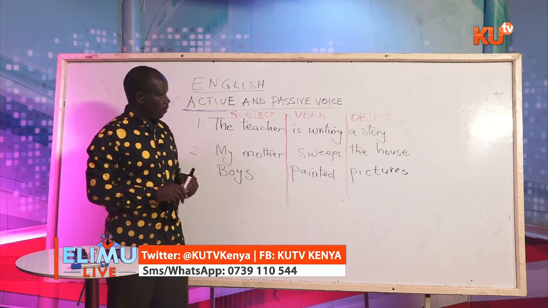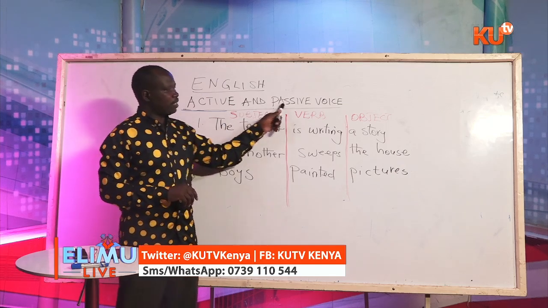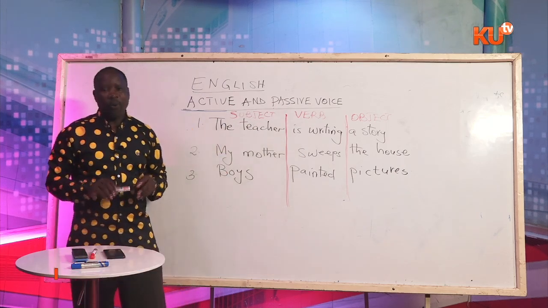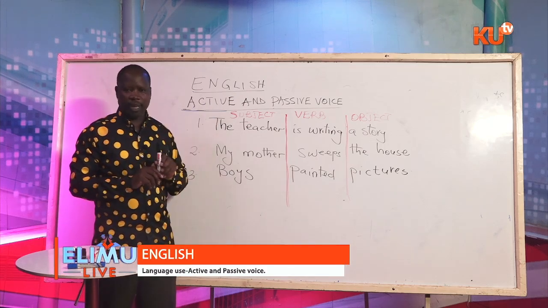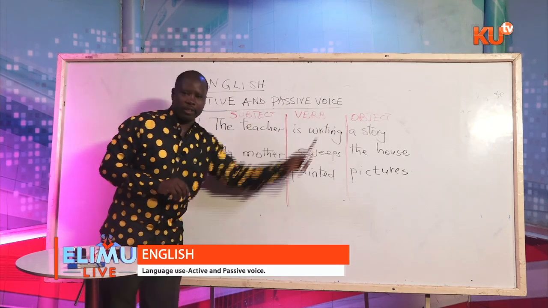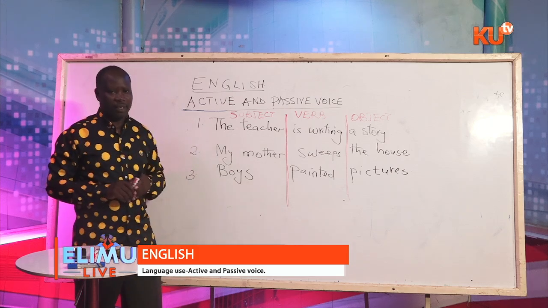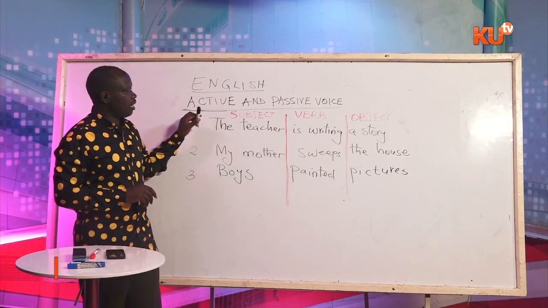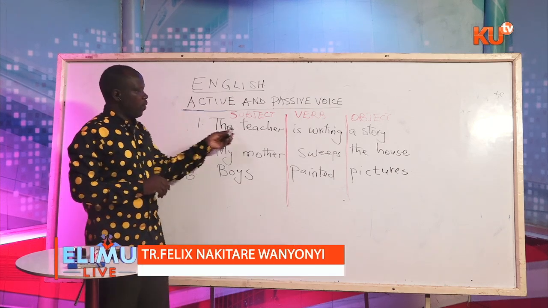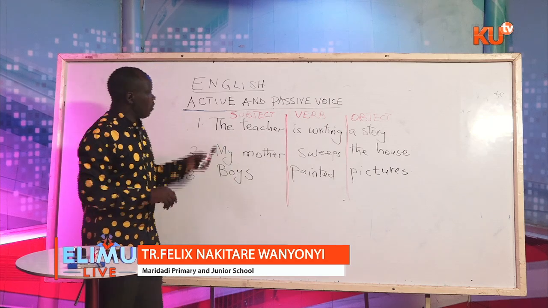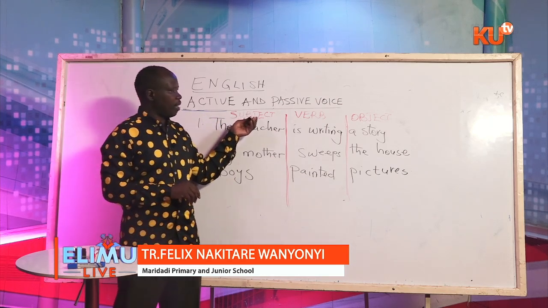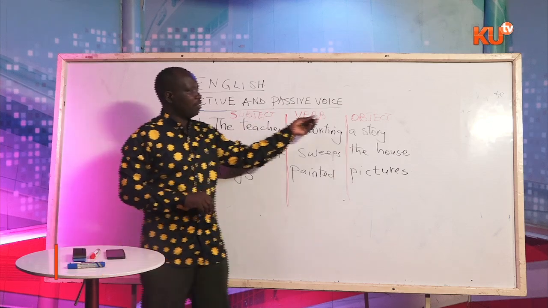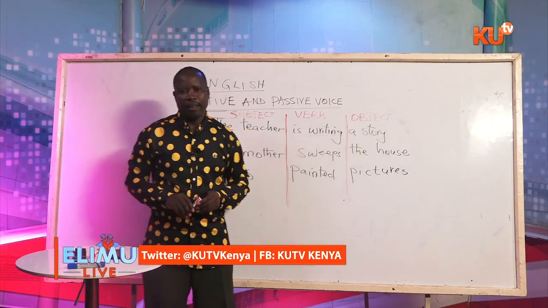So from there, we shall now move to passive voice. What's the difference between active voice and passive voice? The difference comes in the order in which we arrange our sentence. We've said in active voice we start with subject, followed by verb, then object.